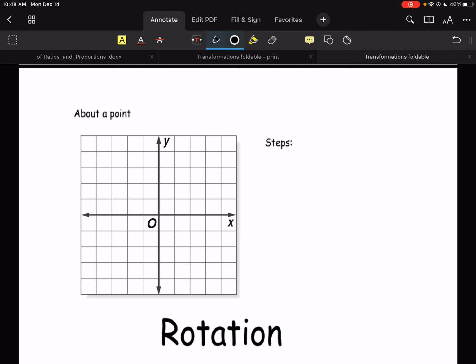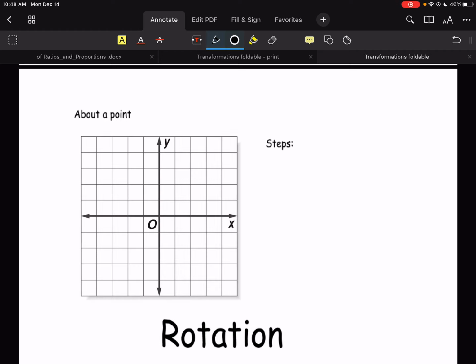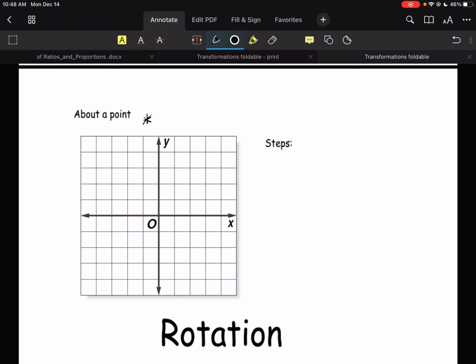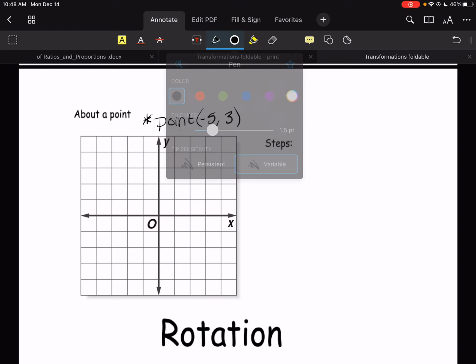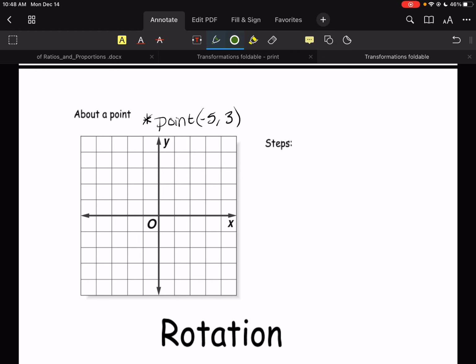So I'm just going to give you an example. This is going to be about -5, 3. So we're going to draw our point -5. 1, 2, 3. So that's our point, in the green there.